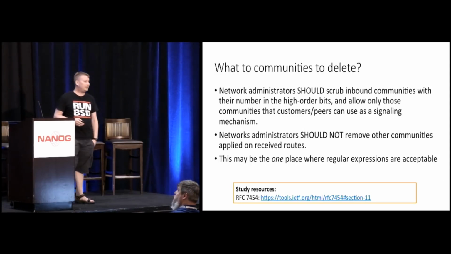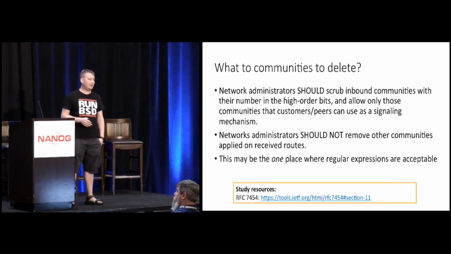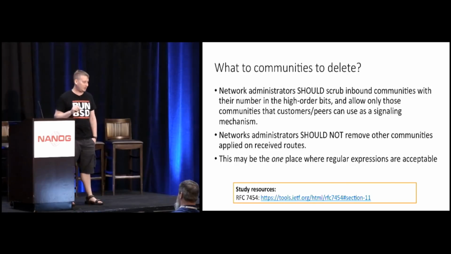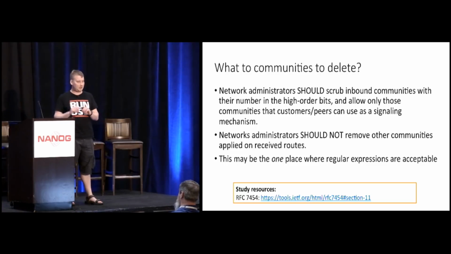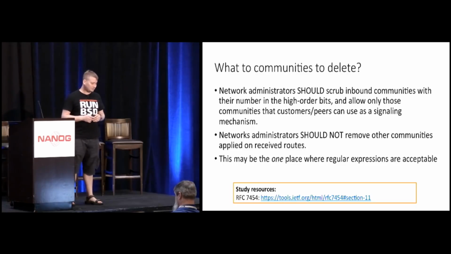Another question I often see is, what communities should we delete? And I would advocate delete as few communities as you can. Because maybe those communities on a route are not of interest to you, but they could be of interest to downstream parties, partners, customers. So if you delete as few as possible, you may be benefiting someone else.